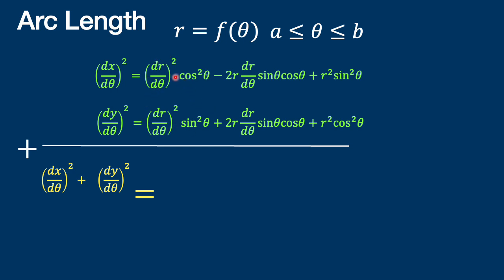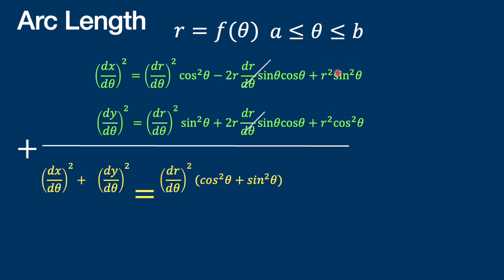What is the common factor? (dr/dθ)² (cos²θ + sin²θ). That's how I write it. Here is the second term: 2r (dr/dθ) sinθ cosθ, and 2r (dr/dθ) sinθ cosθ with the exact same term but a different sign. That cancels out.